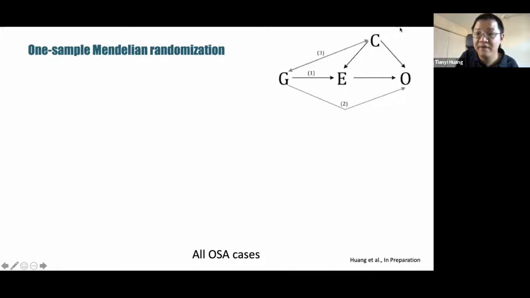But this observational association is confounded by many risk factors, so confounders. To account for those potential unmeasured or residual confounding, we use a genetic instrument, G, as a surrogate for the exposure, and evaluate the association between this genetic instrument and the outcome. Because this genetic instrument is unconfounded by those risk factors, any observed association based on the genetic instrument is considered to be causal.